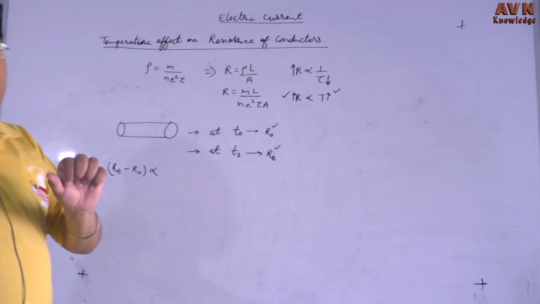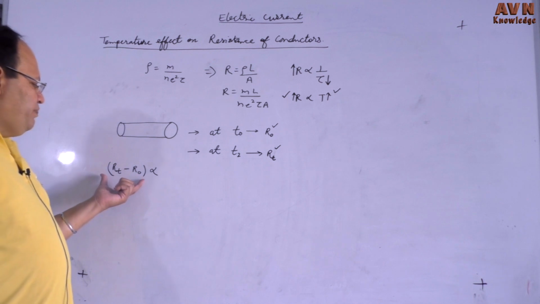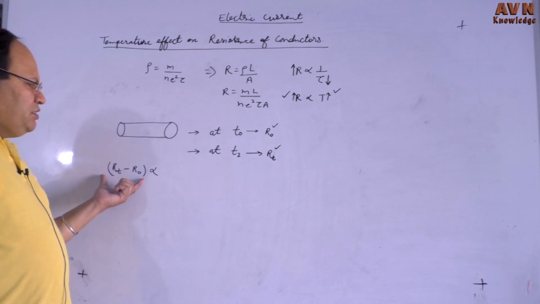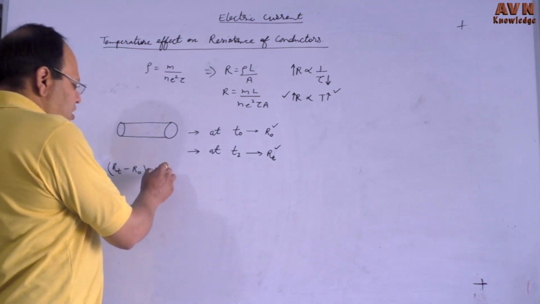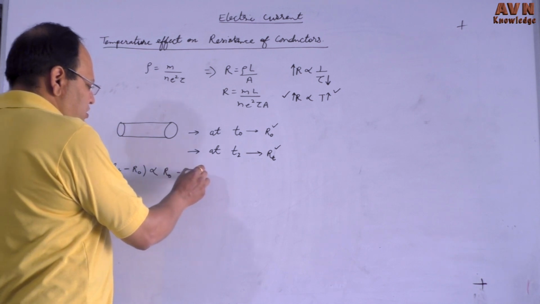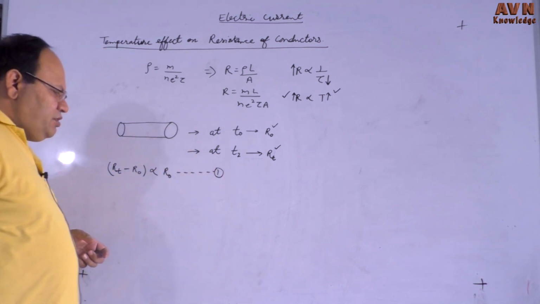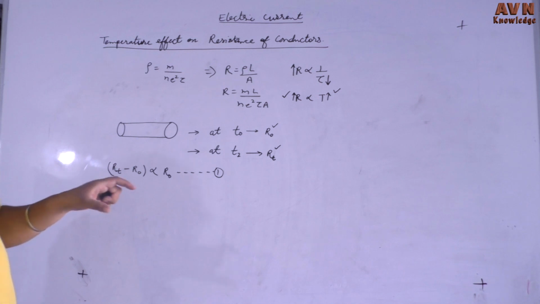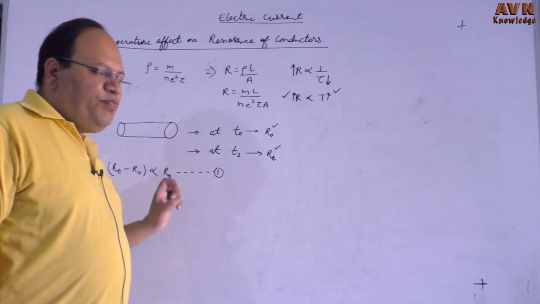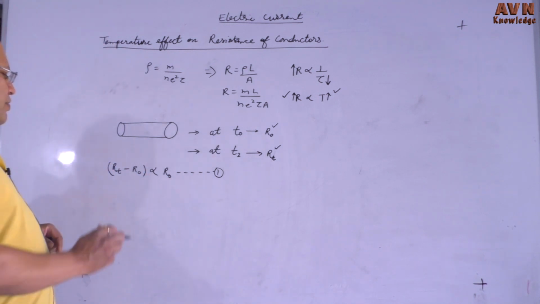The difference of the resistance is proportional to the initial resistance. This is the first equation: the difference of the resistance, RT minus R naught, is proportional to R naught.